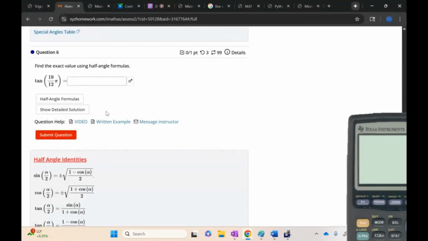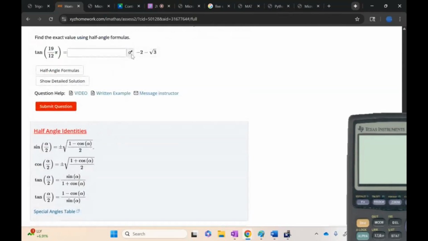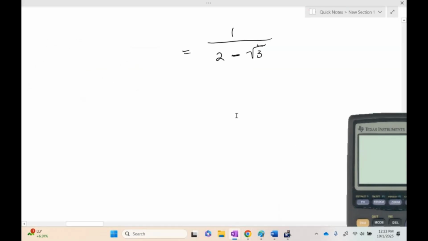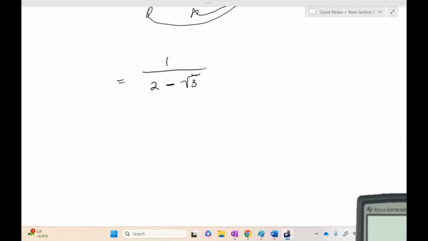Okay, the tangent of ours was negative. Well, the same thing might happen. Like you might get a different answer, but just to simplify this a little bit further, I want to multiply the numerator and the denominator by the conjugate of the denominator. So the conjugate of 2 minus the square root of 3 is 2 plus the square root of 3.